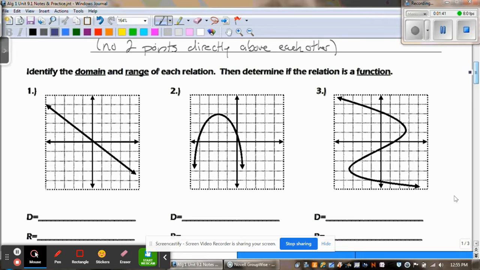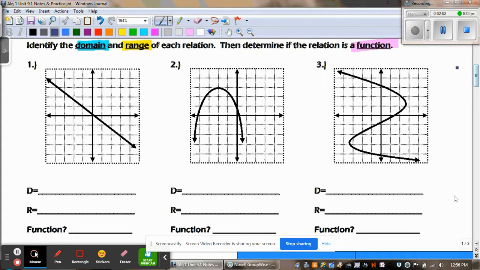Okay, so the directions say to identify the domain and the range of each relation. Then we have to determine, is it a function? When we're talking about the domain, it's the x values.